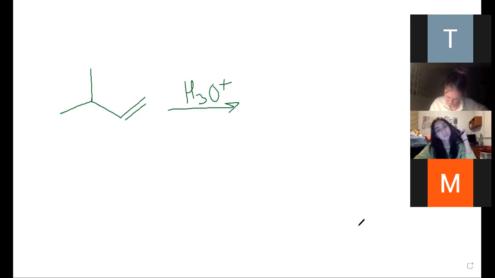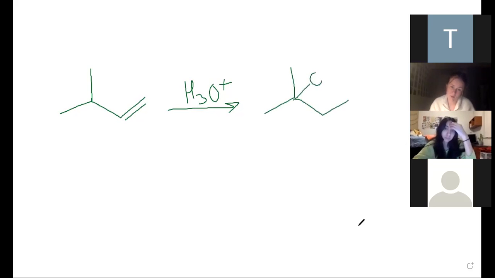Okay, here's what the product is going to be for this reaction. Why is that? Because it gets added to the more substituted side. Well, the more substituted side is here, which is this one.